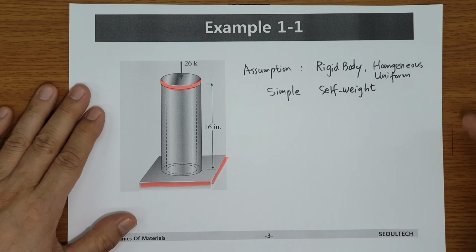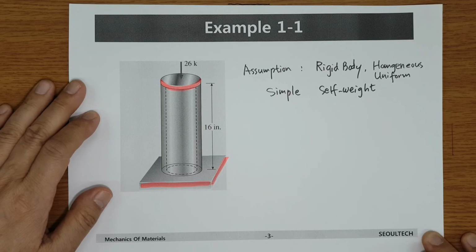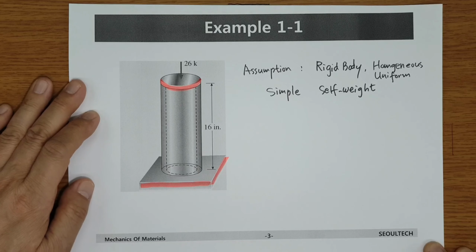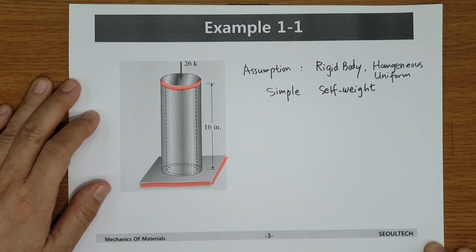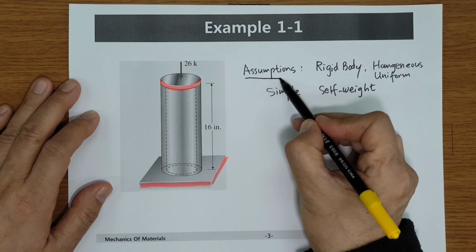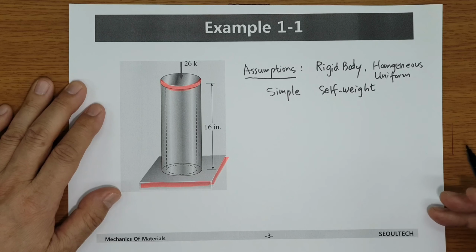In strict calculation, self-weight should be considered. But when you think about self-weight, then the problem is very complicated. In that case, it takes a long time, and very heavy calculation is required. Therefore, in many cases, self-weight is neglected for simplicity. Actually, there are so many assumptions introduced for problem formulation.